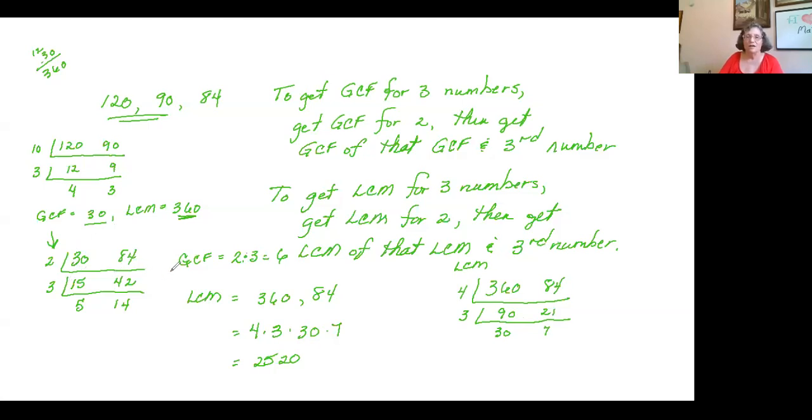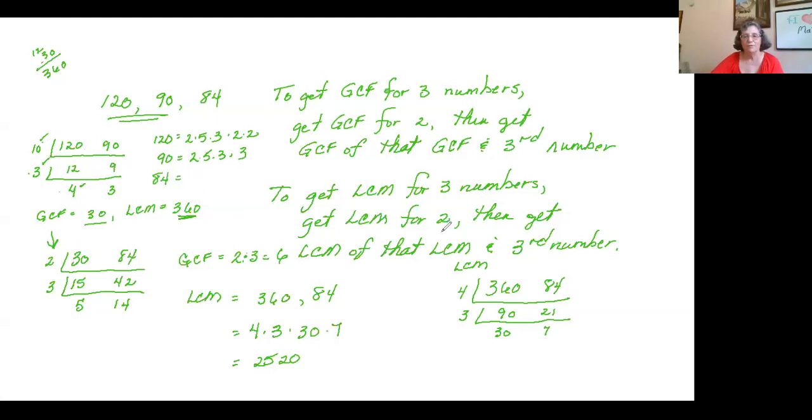And you can still use this to break things down into their common factors. For instance, the 120 and the 90 are both done over here. 120 is going to be 2 times 5 times 3 times 2 times 2. That's 2 times 5 for the 10, times 3, times 4, which is 2 times 2. 90 is going to be 10 times 3, or 2 times 5 times 3 times another 3.